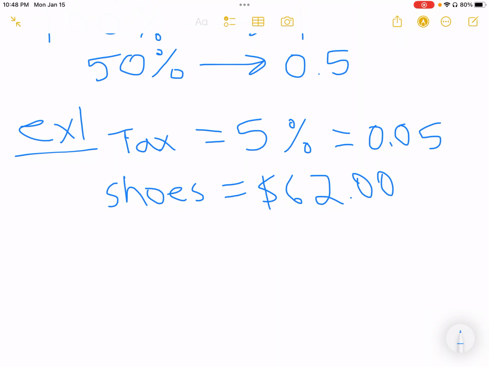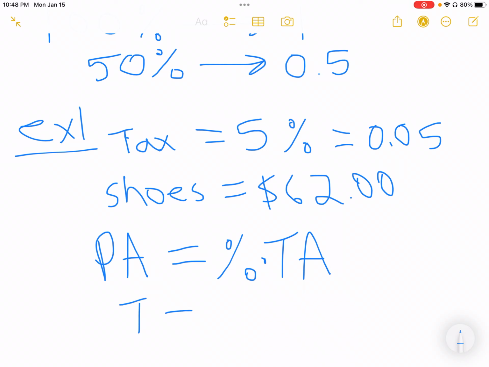Then you say, okay, if we write tax, pretty much the same way we would write our PA, that's percent times our total amount. Or we can write T for tax, and then percent times my S for my shoes.